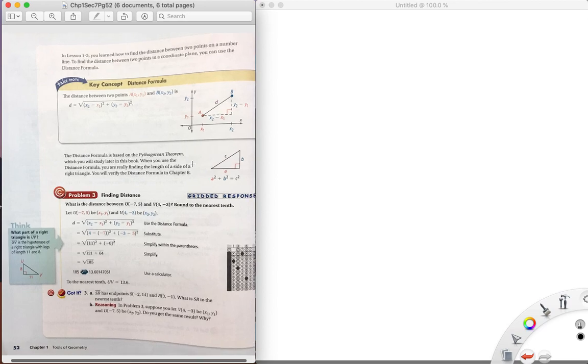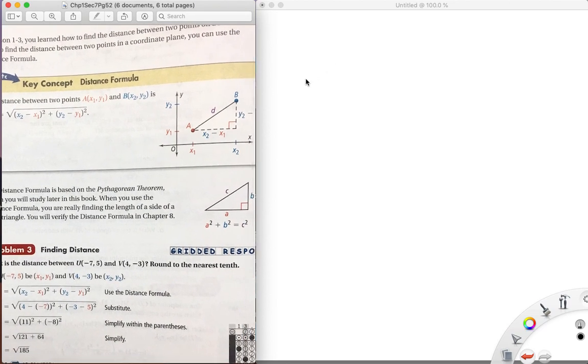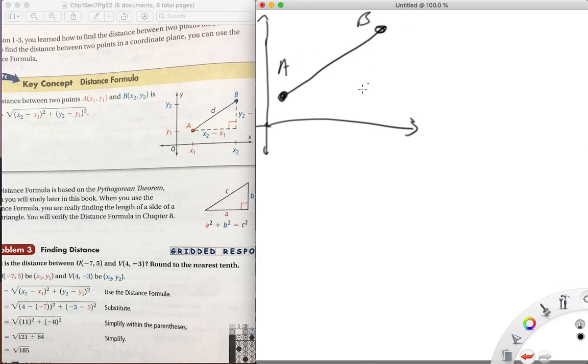All right, so then there's the distance formula. We have some segment on the number line, some point A, some point B. This has an x coordinate of x1.